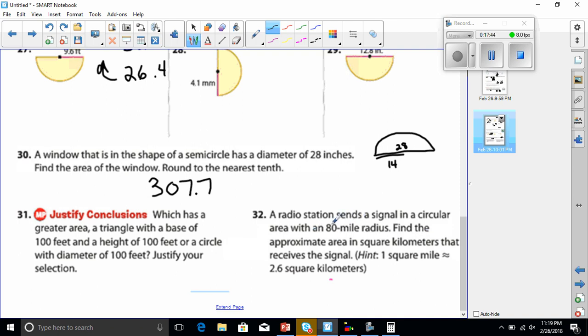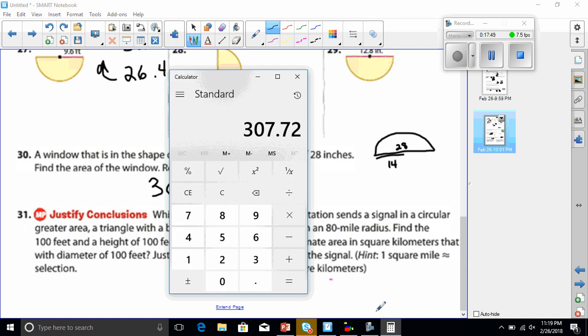If we're talking about a circular area with an 80-mile radius, automatically we know that we have 80 squared, that's 6,400, times 3.14.